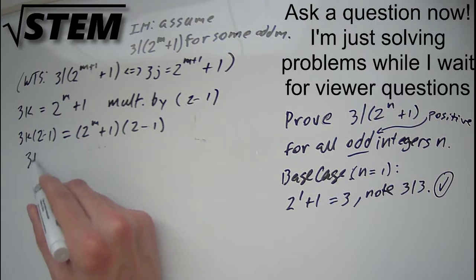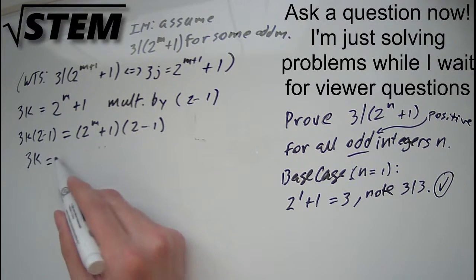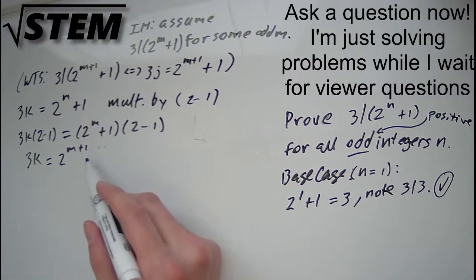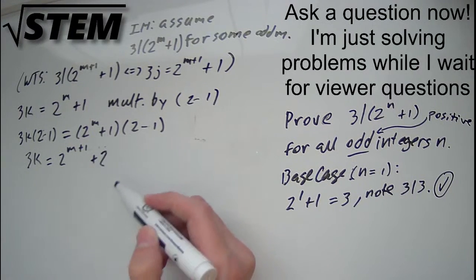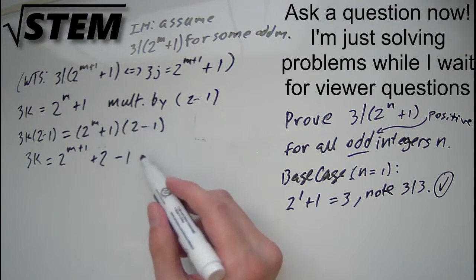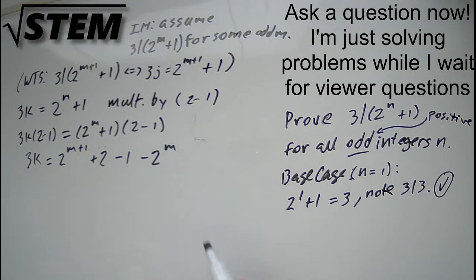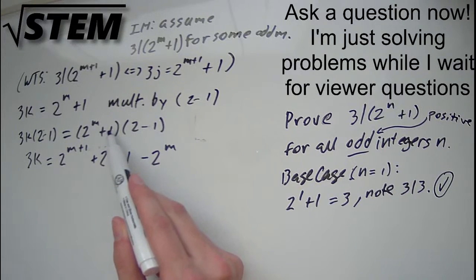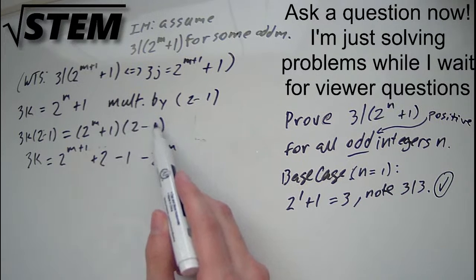So the left side is still 3k equal to 2 to the m plus 1 plus 2 minus 1 minus 2 to the m. Right, those two talk, those two talk, those two talk.